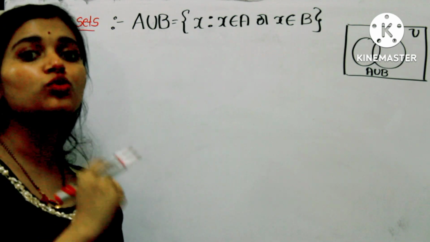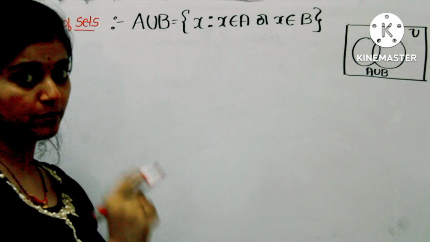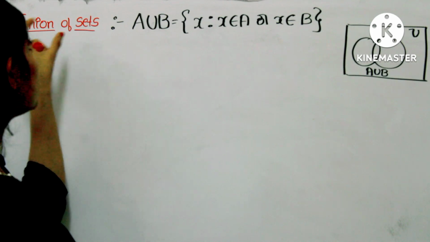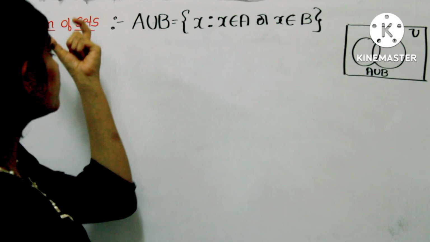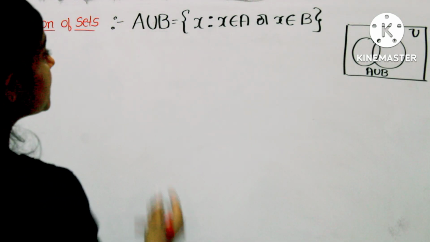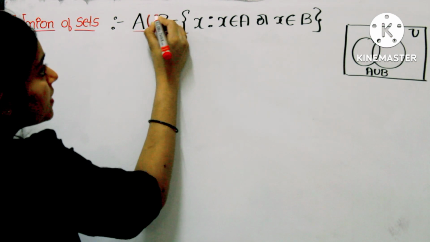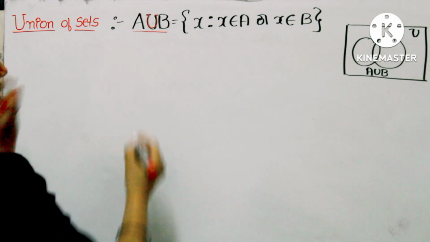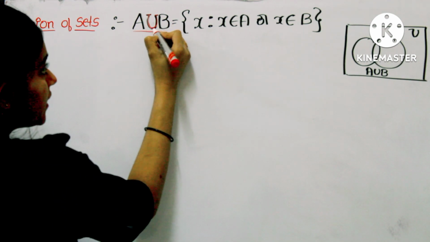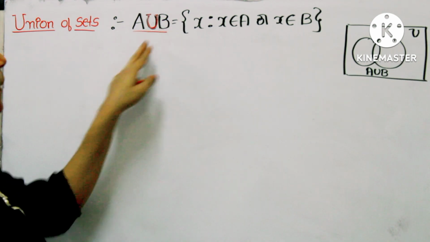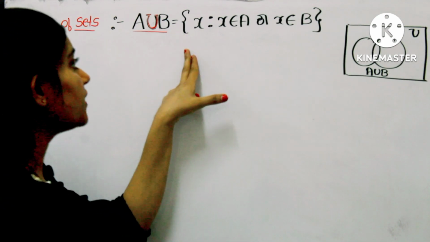If there are two sets A and B, then the union of sets A and B is represented by A union B. This is the symbol of union. So what is the definition of A union B?